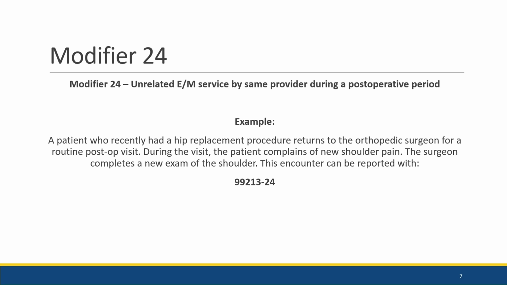It's for new onset shoulder pain. Now, of course, your diagnosis code is also going to show that, but in the world of coding, we have to apply a modifier in order to unbundle it. Just having a separate diagnosis code is typically not enough to unbundle an unrelated service.